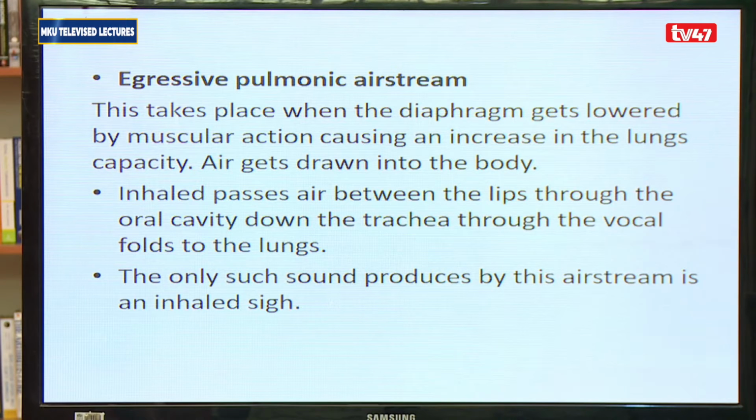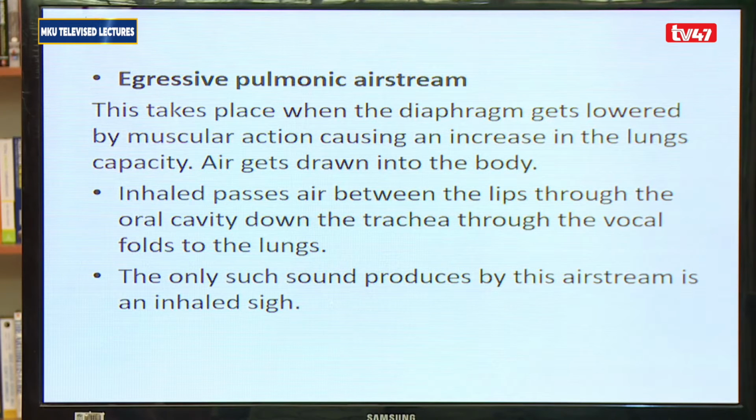Then we have egressive pulmonic airstream. This takes place when the diaphragm gets lowered by muscular action. It causes an increase in the lungs' capacity, and the air is drawn into the body.